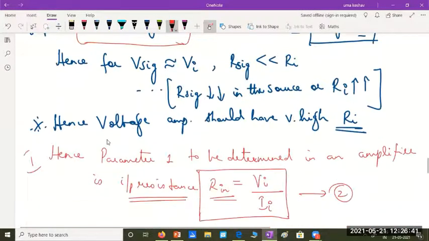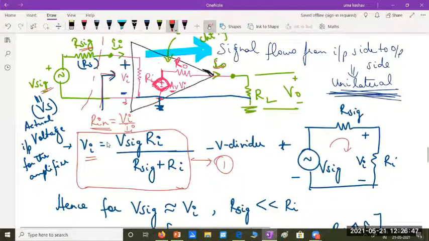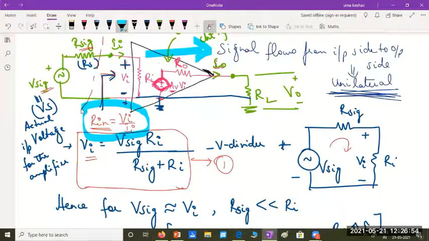The first thing which we need to determine in an amplifier is its input resistance. So how do we define the input resistance of the amplifier? Input resistance of the amplifier is the resistance as seen from a signal generator on the input side.